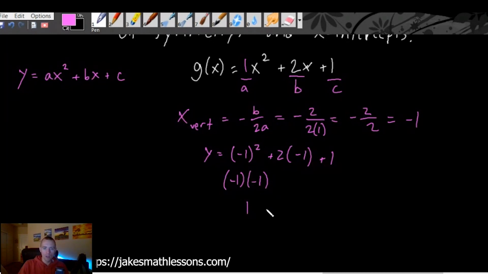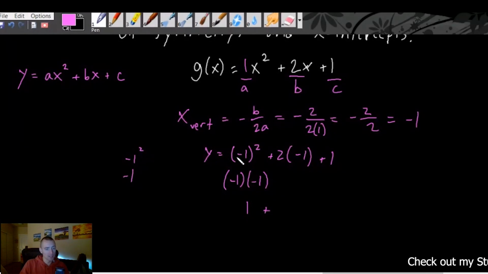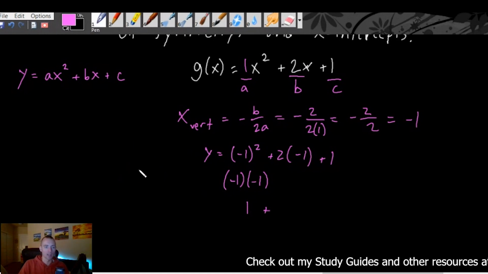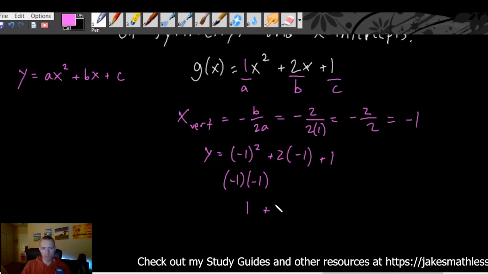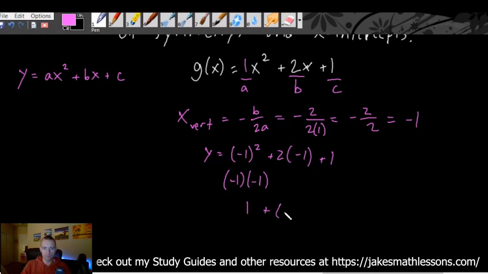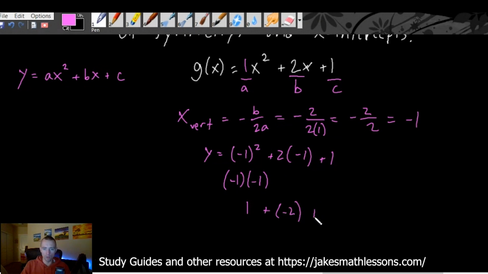If you forget the parentheses and just write negative 1 squared, the squared is only being applied to the 1. 1 squared is 1, so you still would have negative 1. So the parentheses do make a difference here. The sign is going to be different if you forget to write those parentheses. Just be careful with that whenever you're plugging x values into a function like this. Okay, then we're going to have 2 times negative 1, which is negative 2, plus 1.